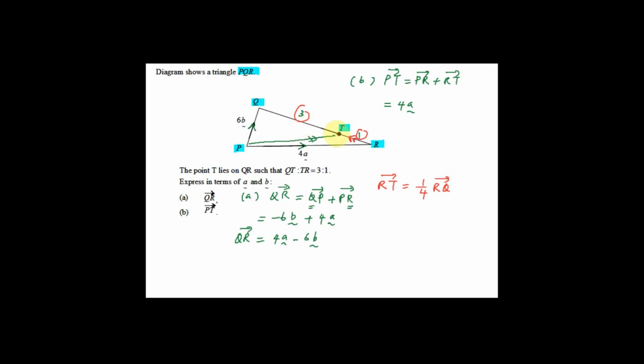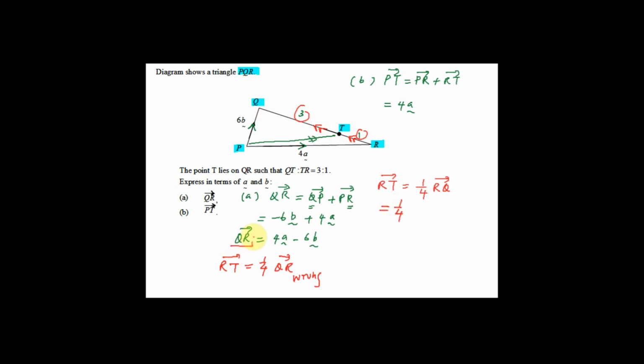So listen carefully, you have to use RQ because your RT direction is the same as RQ. Some students make a mistake, they put RT equals 1 over 4 of QR. So can you see here, QR is this direction where your RT is this direction. So this is actually wrong. The direction must be equal. I have RT at this direction and RQ at this direction. So what is my RQ?